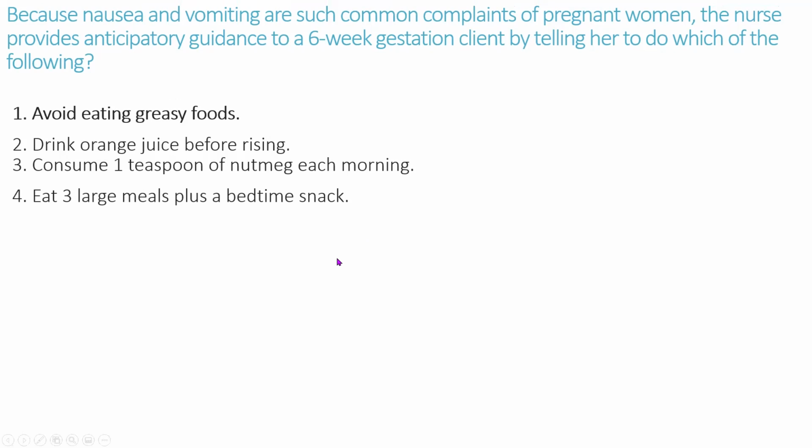And we have a little rationale here: greasy foods should be avoided. Saltine crackers should be eaten before rising. Drinking orange juice has not been recommended, although considering ginger can help to alleviate the nausea and vomiting of pregnancy. Neither cinnamon nor nutmeg has been shown to alleviate these symptoms. It was recommended that these mothers eat small, frequent meals throughout the day.